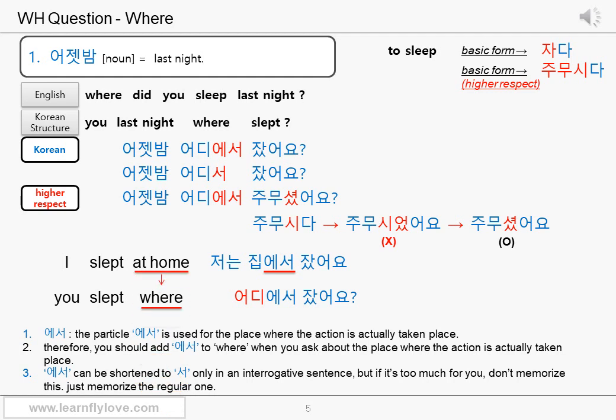Then what's the position of the place where we go in a declarative sentence? Yes, it's normally positioned right after the time-related word or right before the verb. Okay, let's rearrange the words first. Put the useless subject "you" and the time-related word "last night" first. And if it's a declarative sentence, we put the place where the action took place right before the verb.